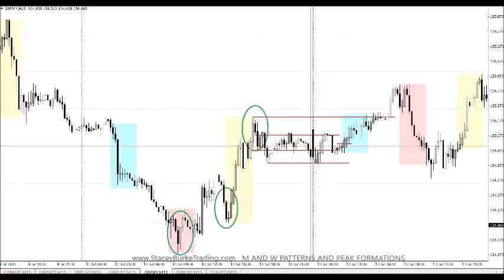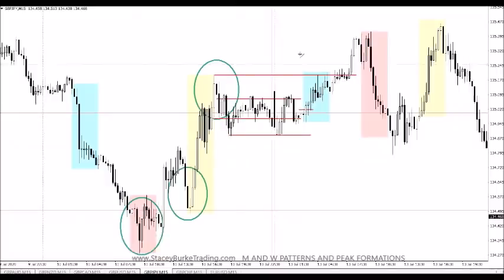So we have peak formation low, breakout pullback, continuation, peak formation for a pullback in an uptrend. The market consolidates, we get a bull pin, engulfment, and hammer. It continues through the high, and we get a pullback at the Europe Open.